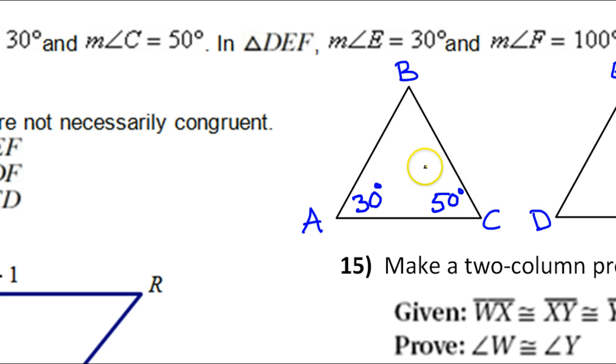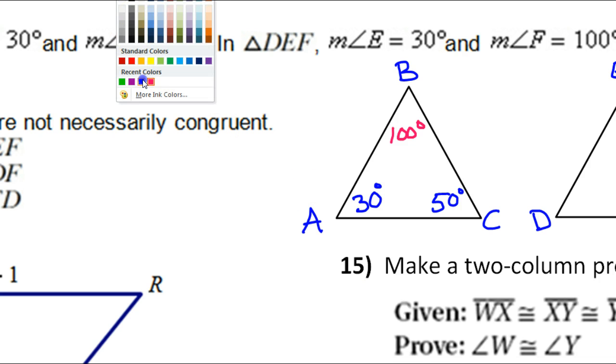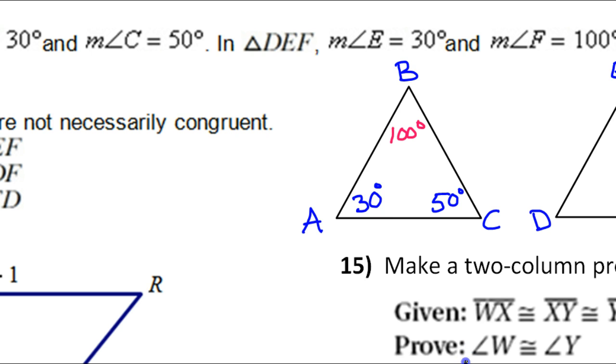Alright, so with that information we could find angle B by subtracting these from 180. Well, 50 and 30 together make 80. So that means the other angle would have to be 100. So I'd have a total of 180. Okay, so moving on, angle E is 30.